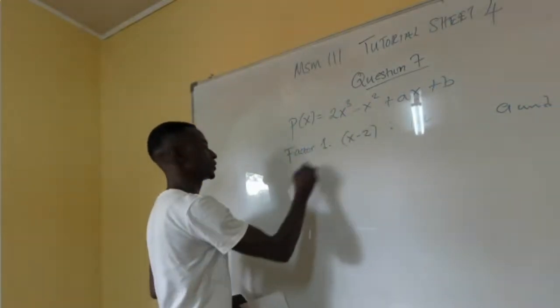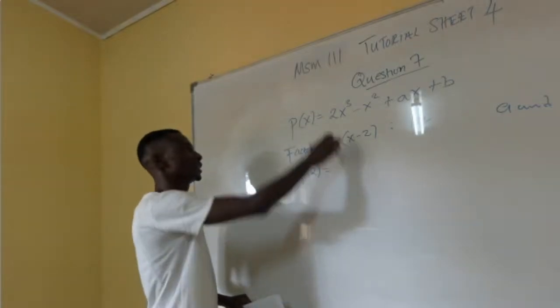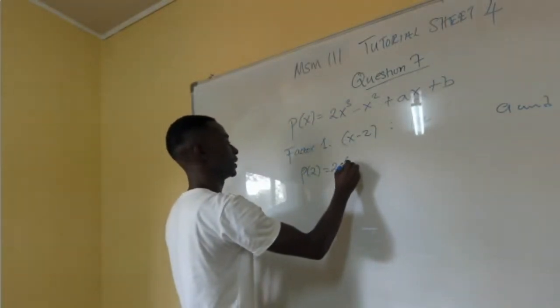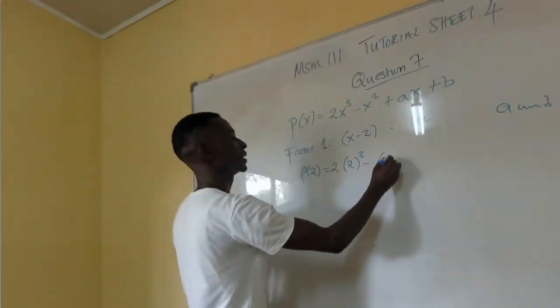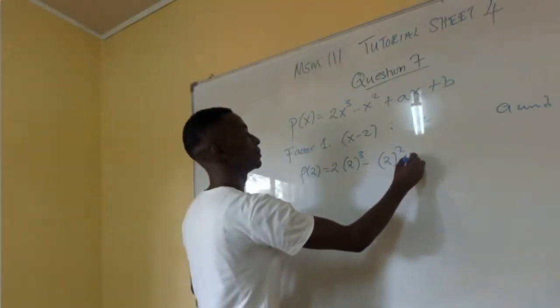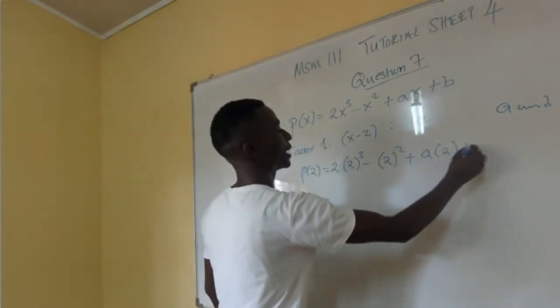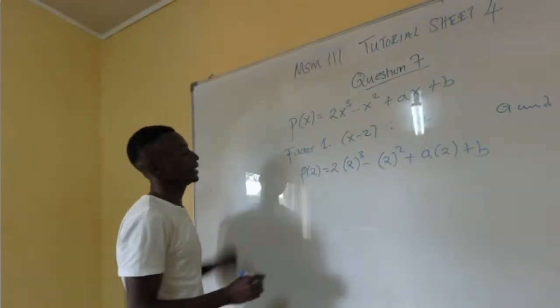So now we're going to say P of 2 is equal to, then you substitute. You say 2 multiplied by 2 to the power 3 minus 2 to the power 2 plus A multiplied by 2 plus B.